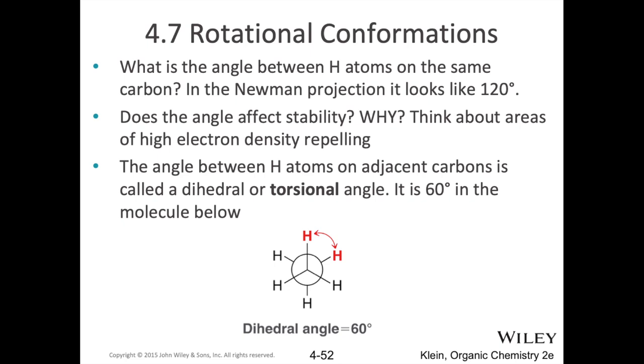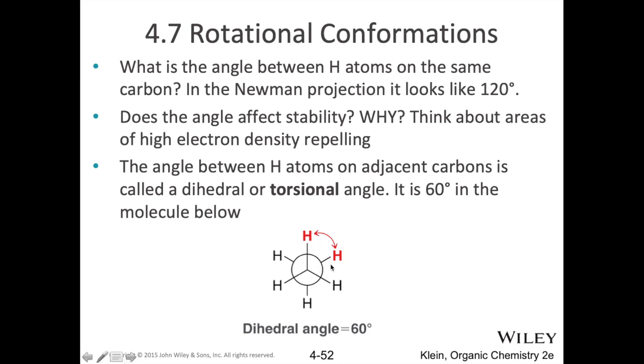Okay, so how do we measure this? Again, pick two atoms that are on adjacent carbons. So if we pick this hydrogen that's on our front carbon, and this hydrogen that's on our back carbon, two atoms that are next to each other like this, you can then measure the angle between them. And this is a 60-degree angle. So we say that's a dihedral angle of 60 degrees.